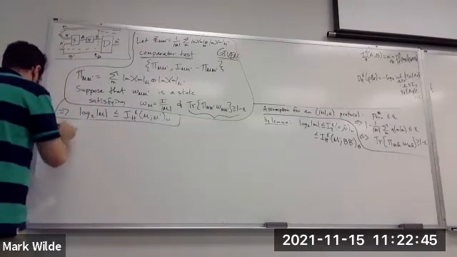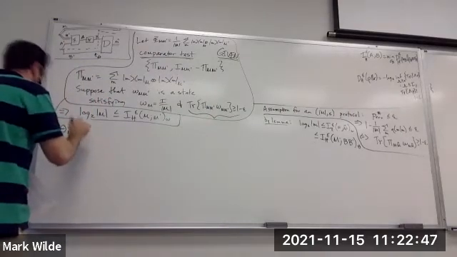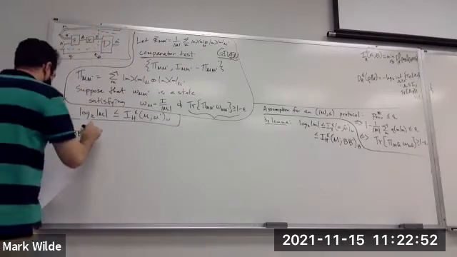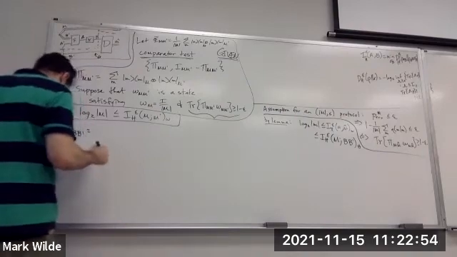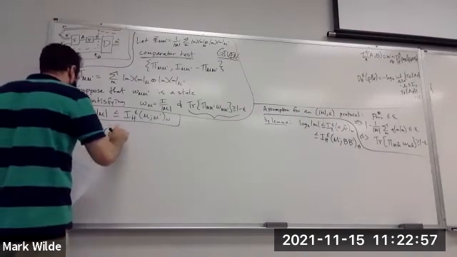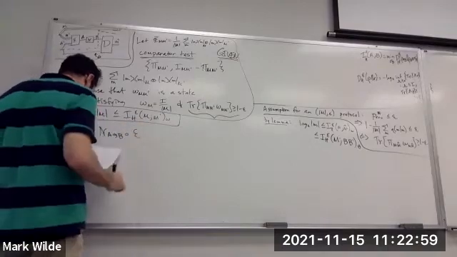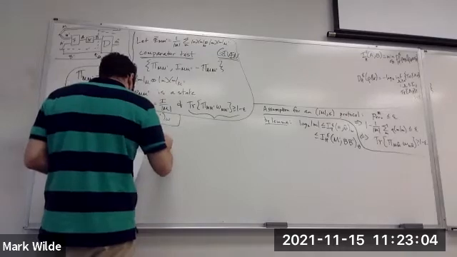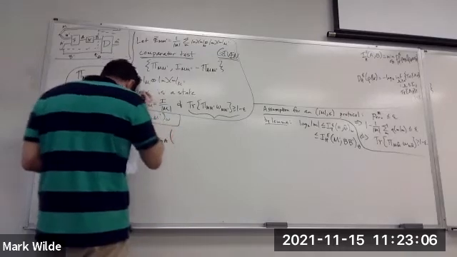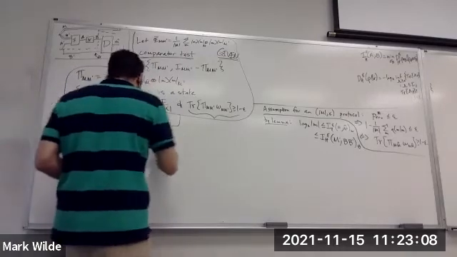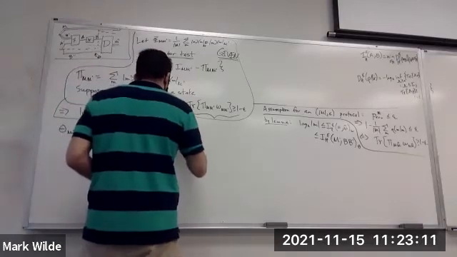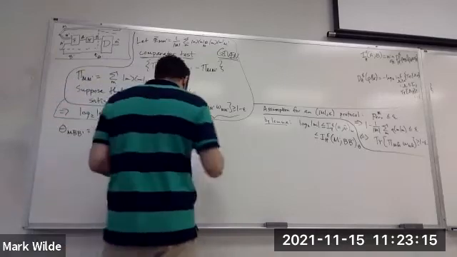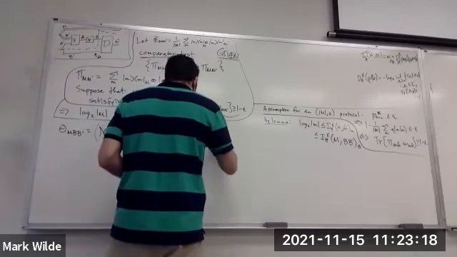So theta is this state. Right here, it's on registers M, B, and B prime. So it's going to be the channel acting on the output of the encoder, which acts on this uniform state and the entangled resource.